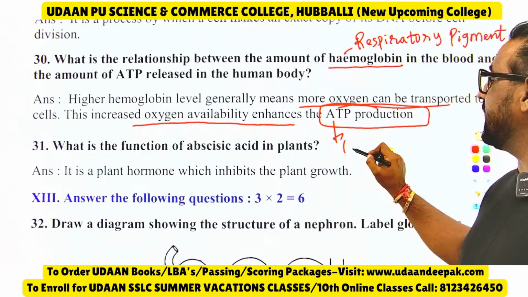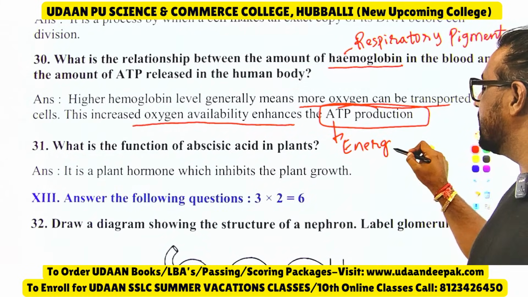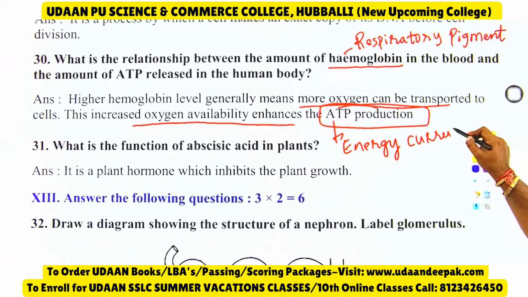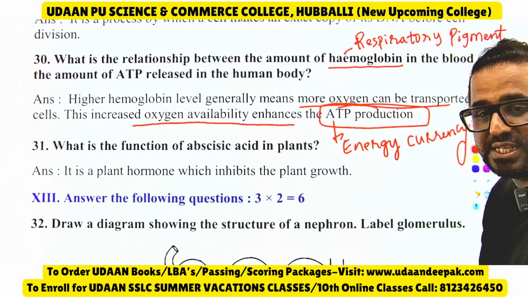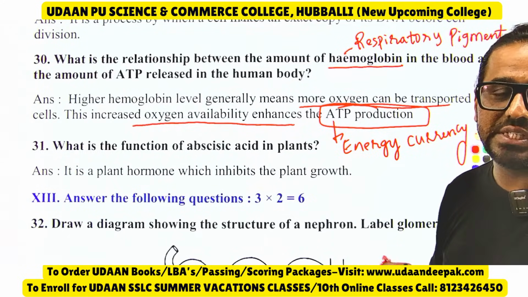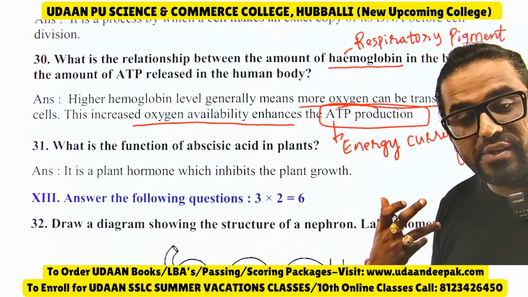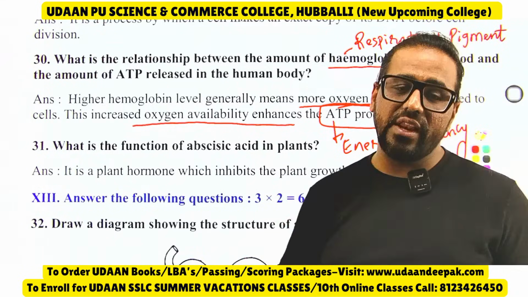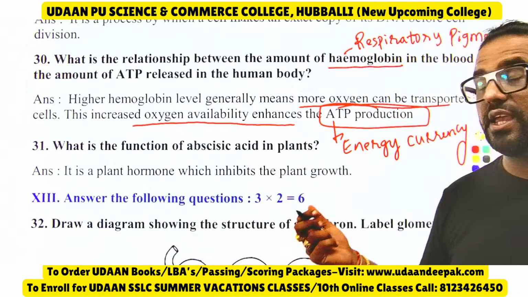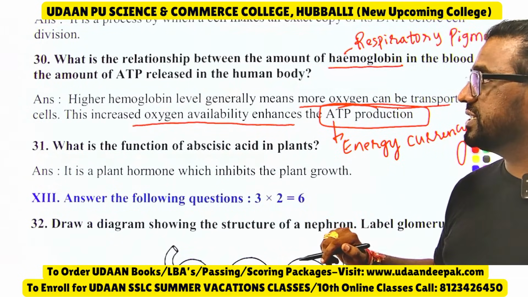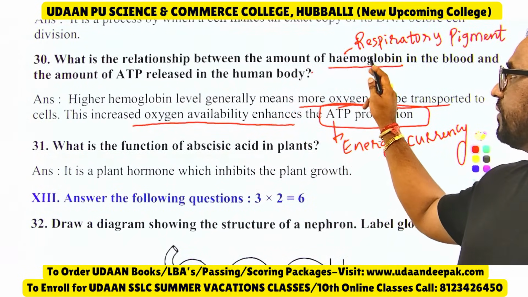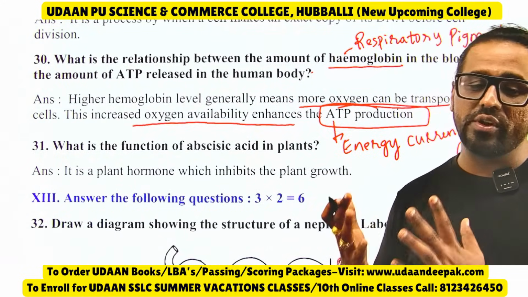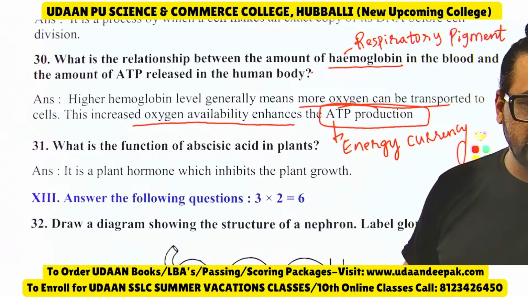More ATP means more energy is produced in the cell, due to which the cells will survive and your body will survive. That is the meaning of this. See, such a deep question they have asked here: what is the relation between the amount of hemoglobin and ATP? So, the more the hemoglobin, the more ATP is synthesized and the more energy you will get. That is what you should write as the answer.